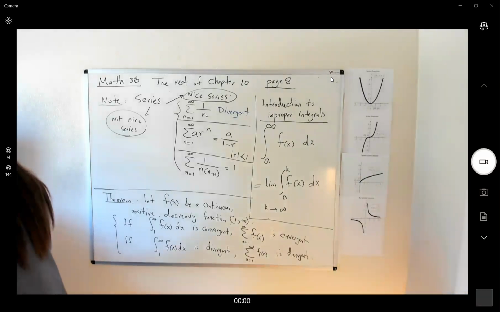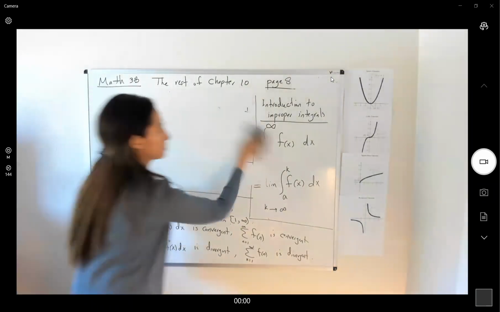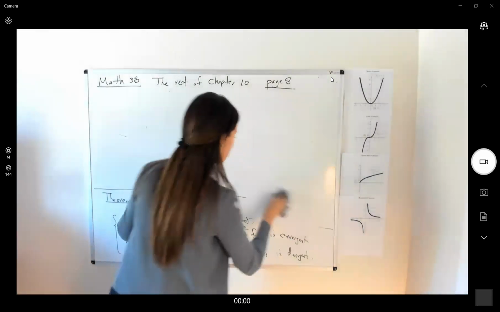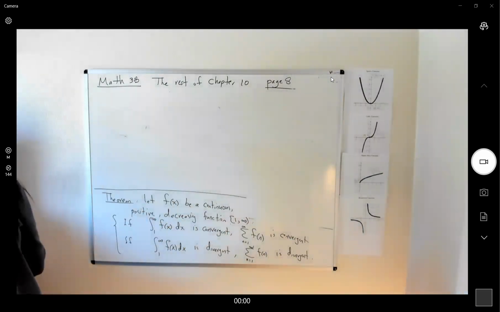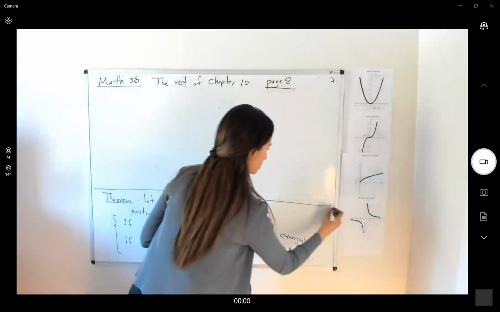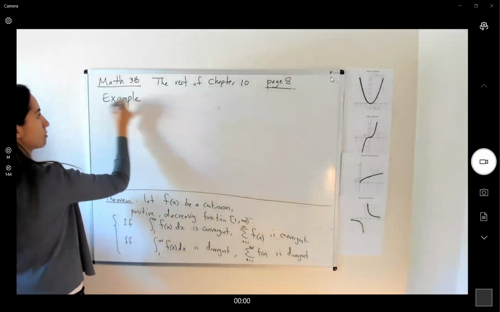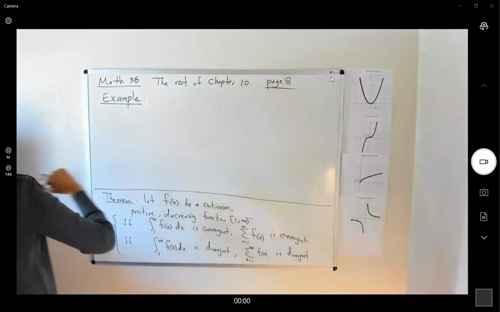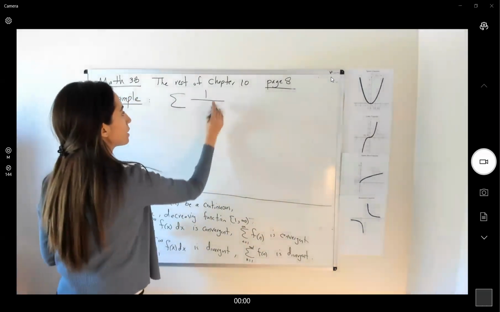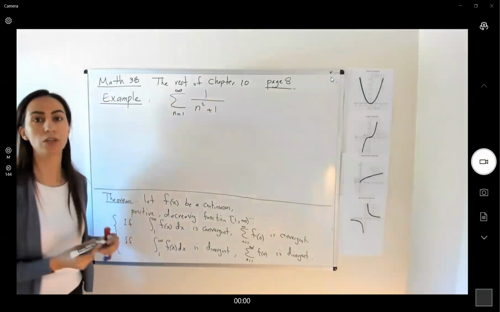Okay. Example. Let us see one example and apply this theorem here. So analyze this series: 1 over n squared plus 1, n starts from 1, goes to infinity.